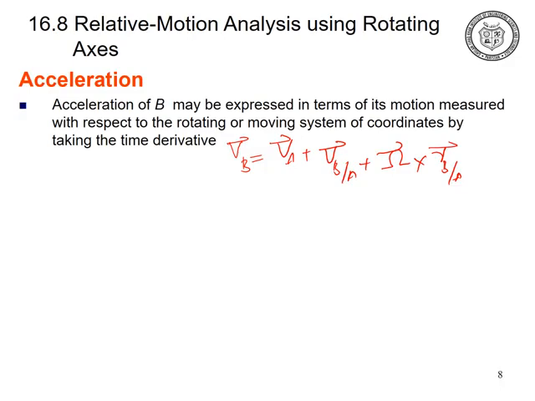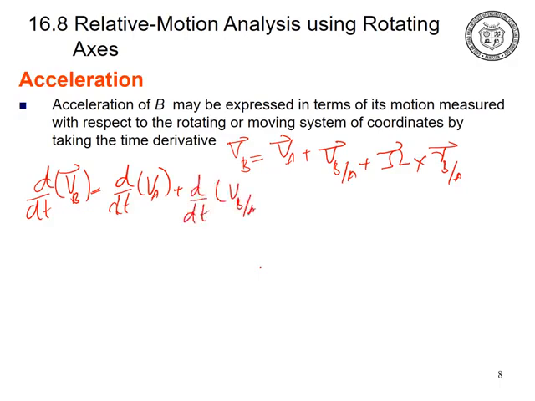So by taking the time derivative, d by dt of vb equal to d by dt of va plus d by dt of vb with respect to a plus d by dt of omega cross rb with respect to a.